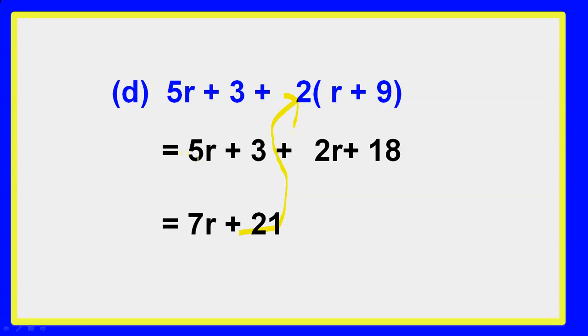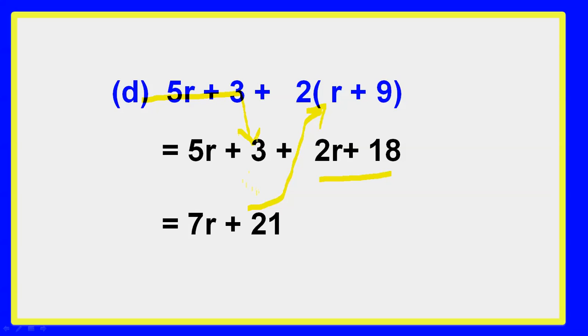So 2 is going to multiply with r and 2 is going to multiply with 9. So once I open this bracket, what is happening there? It becomes this. And what about this part? 5r plus 3. It should be as it is. I'm writing the same.